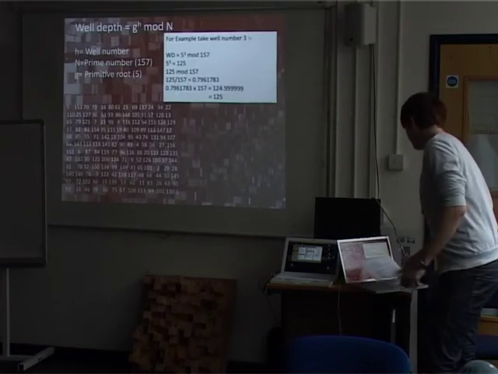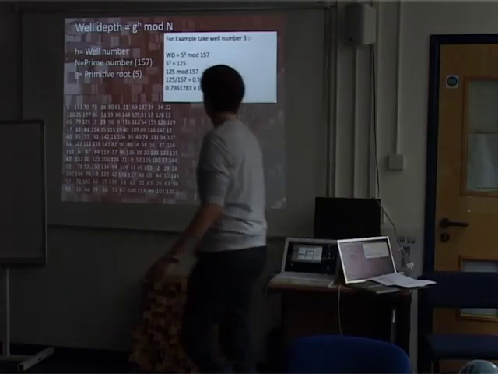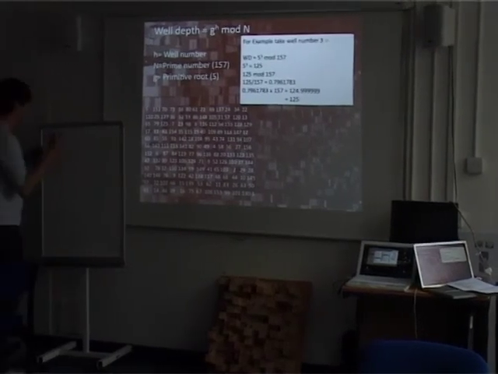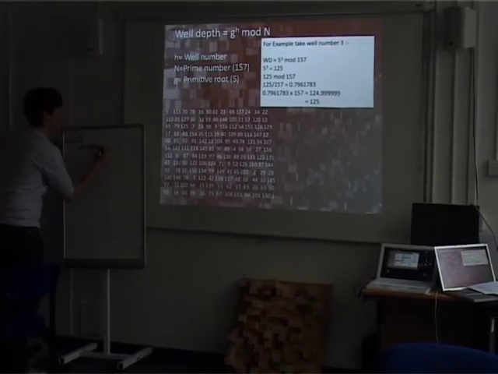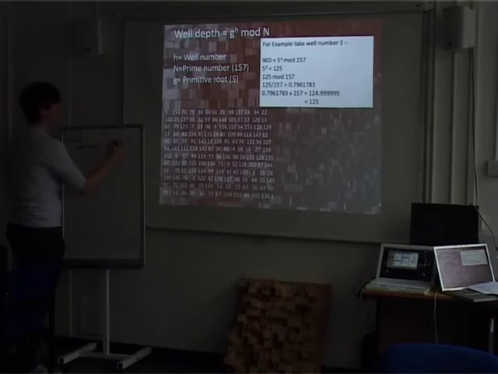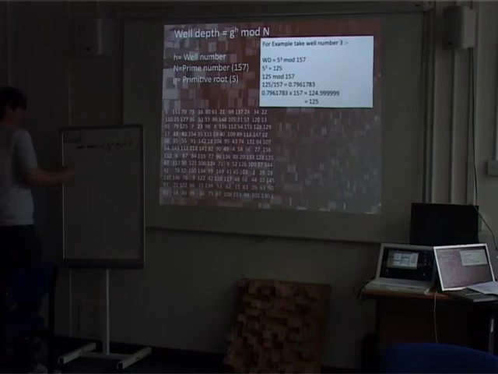Then to convert this so you can use it as your measurements, you have to do the equation, which is: well depth equals G, which is the primitive root, 5, over H, which is the well number, mod M, which is the prime number.